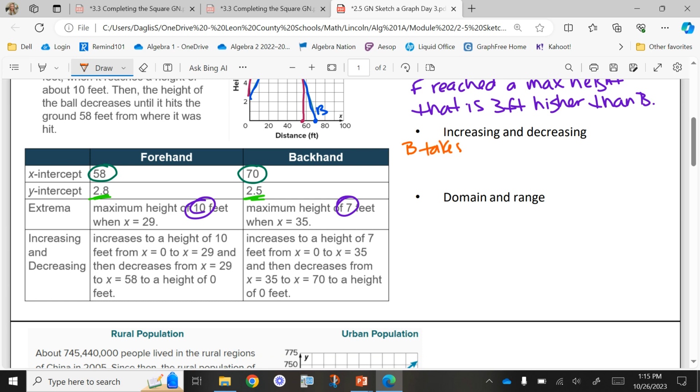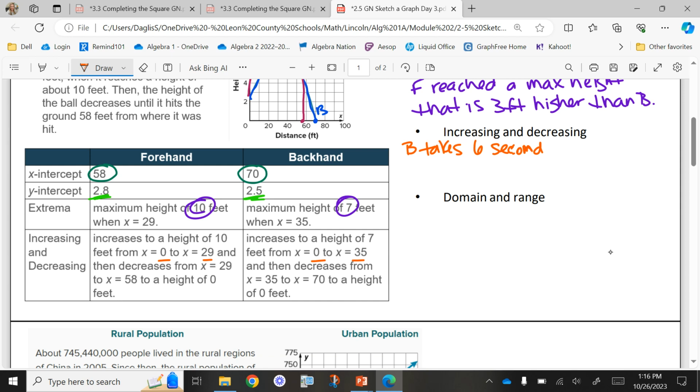How much longer? So 0 to 29 versus 0 to 35. 6 seconds longer, right? The forehand turned after 29 seconds. The backhand turned after 35 seconds. Okay? So 6 seconds.